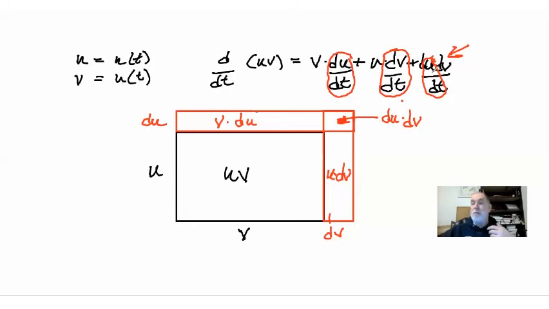So if du by dt is a finite number, it's getting multiplied by an infinitesimal, so it's going to disappear. Put another way, we have a product of infinitesimals up here, so this is going to be an infinitesimal. So point being, we'll take that out.